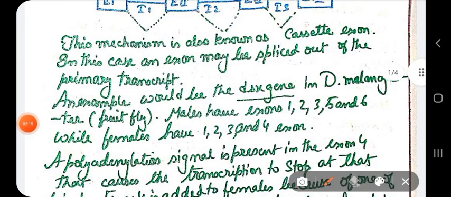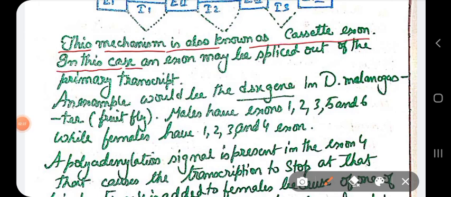That's why this mechanism is also called cassette exon. In this case, an exon may be spliced out of the primary transcript, that means from the primary mRNA, one or two exons may be spliced out.